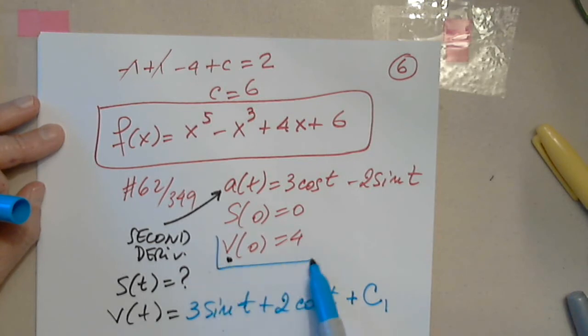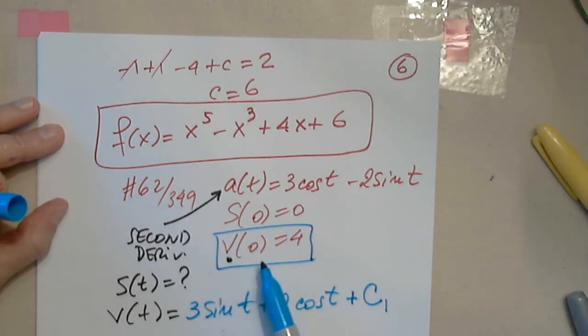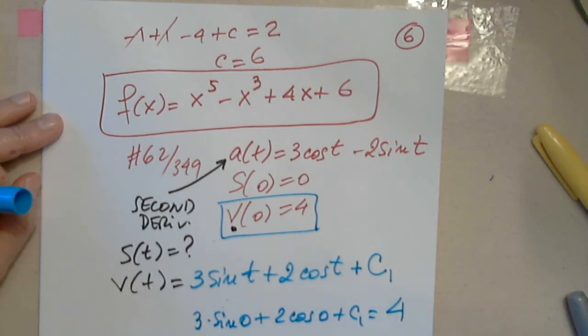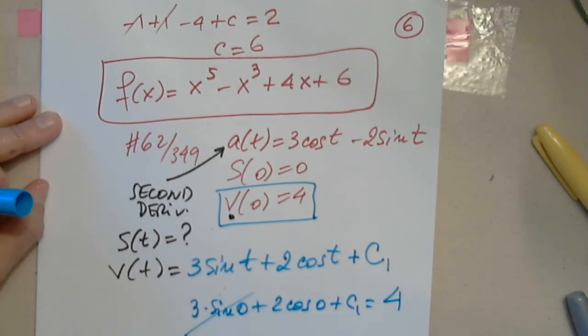I am given this piece of information in which I'm told that v of 0 is 4. Okay. So when I plug in 0, 3 times sine 0 plus 2 cosine 0 plus c1, I get 4. But sine 0 is 0. Cosine 0 is 1. So 2 plus c1 equals 4 gives us c1 equals 2.